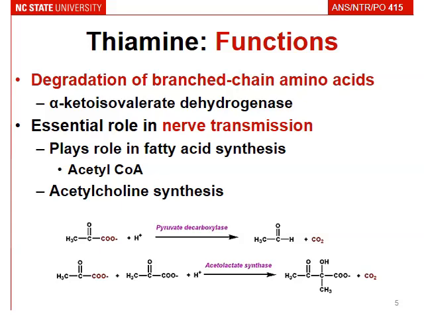And here I have a couple of the reactions that it's a cofactor for. So it's a cofactor for pyruvate decarboxylase and for acetolactate synthase. So basically with these, you could see that it's thiamine and thiamine pyrophosphate, or TPP. It catalyzes the cleavage of the bonds to the carbonyl carbons.